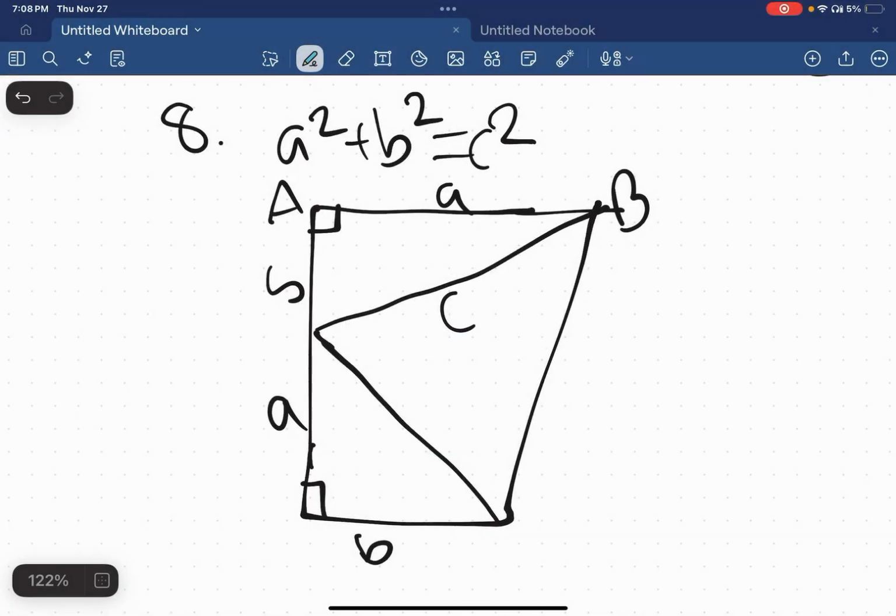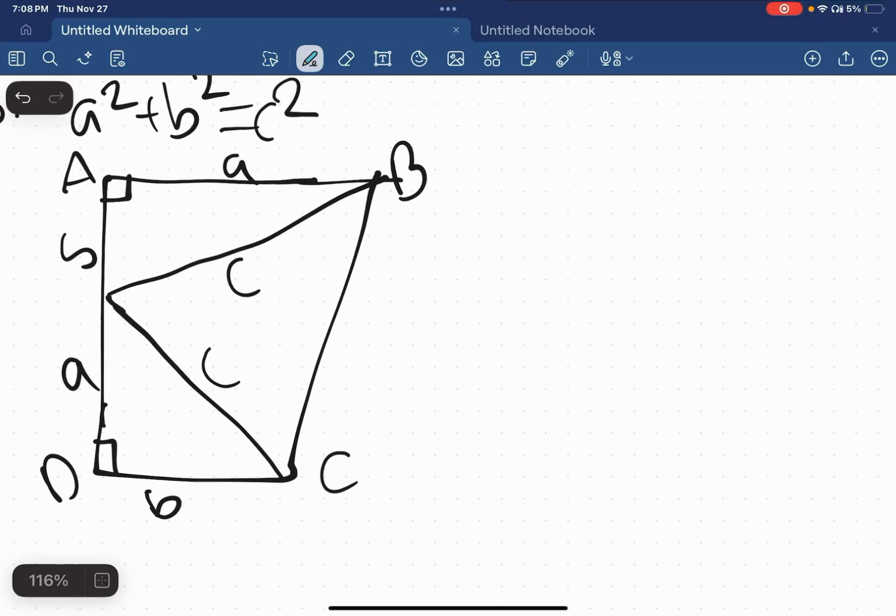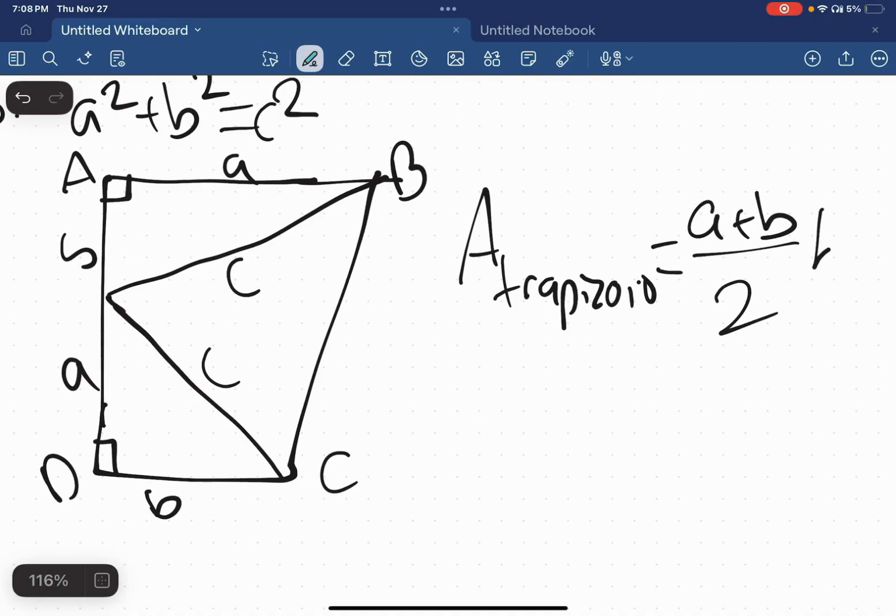Whoa, whoa. Hold up. C, D, C again. Okay. And it's asking us to use our prior knowledge to prove this. Let's slide over. What we need to know for this is that the area of a trapezoid is equal to a plus b divided by 2 times height.